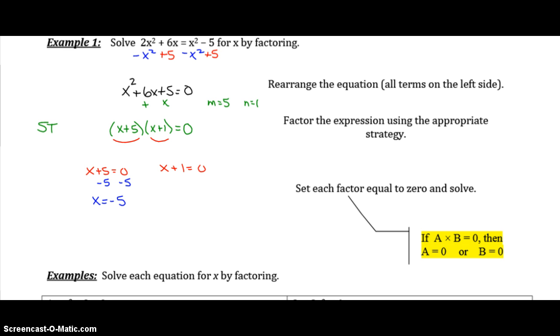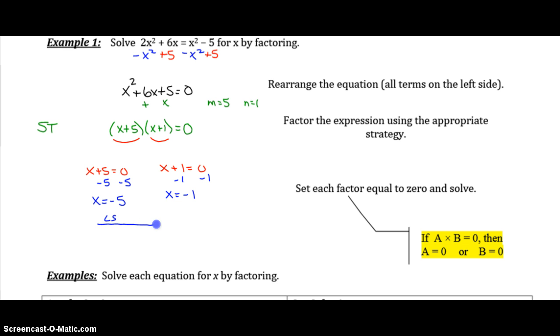For the second set of brackets, if you subtract 1 from both sides, that means x is equal to negative 1. If you substituted negative 1 in, the first bracket would be 4, the second bracket would be 0. 4 times 0 is 0. Once again, we have found a value of x that makes the left side equal to the right side.